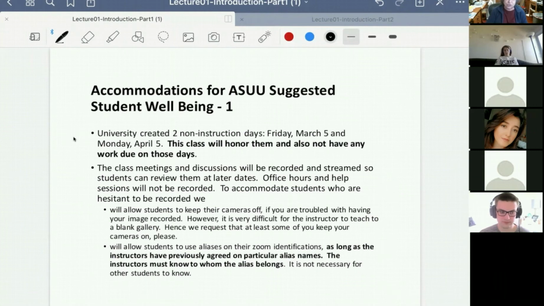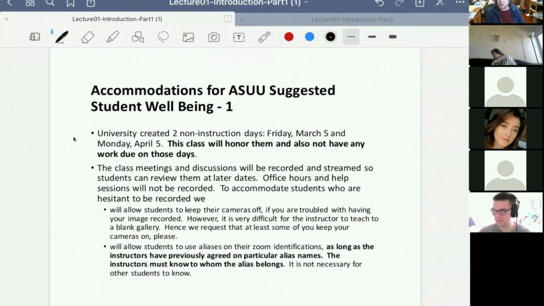To accommodate students who are hesitant to be recorded, we allow students to keep their cameras off, as you see, but it's really difficult. I really appreciate it if at least some students keep their cameras on so that we have faces to look at when we're talking. If you are concerned about having your name appear, you will be allowed to use an alias as your Zoom identification if you send me a note via Piazza.